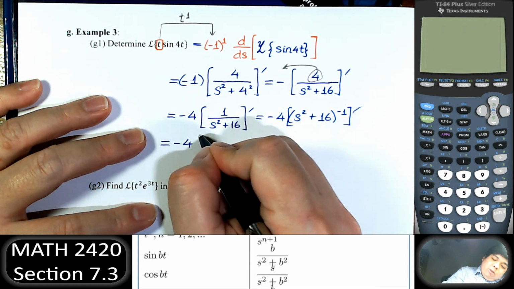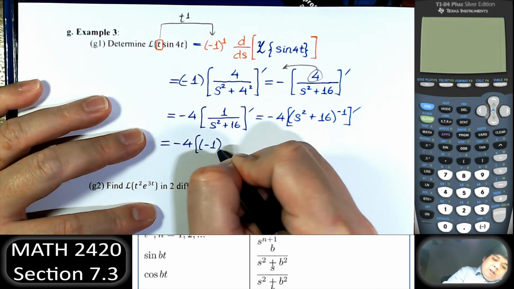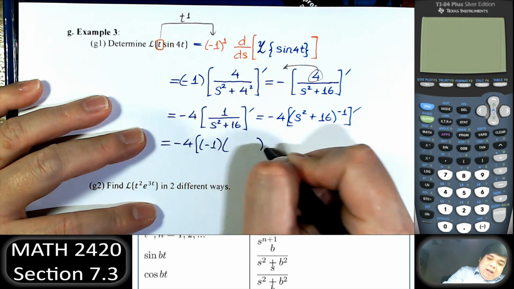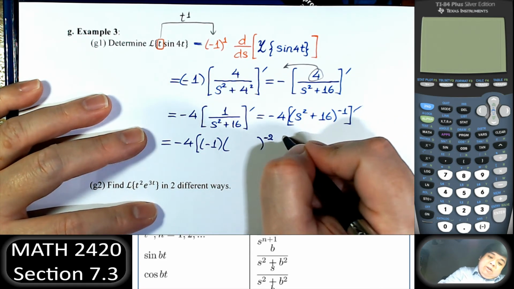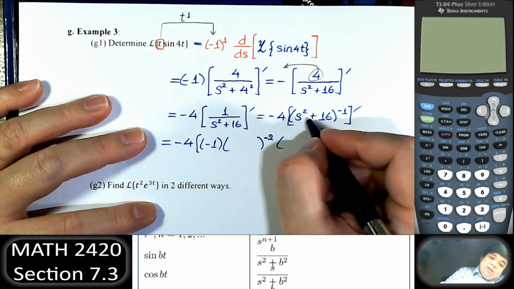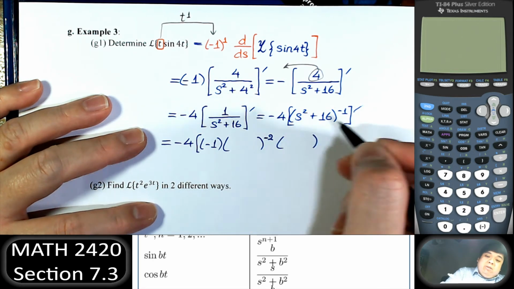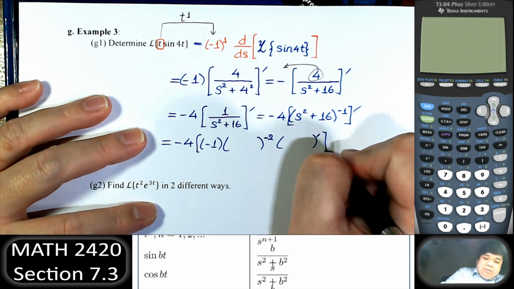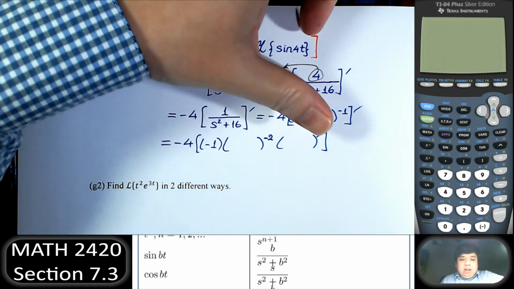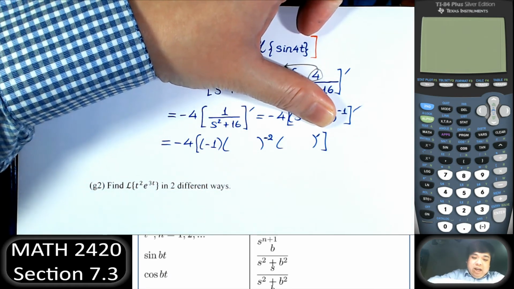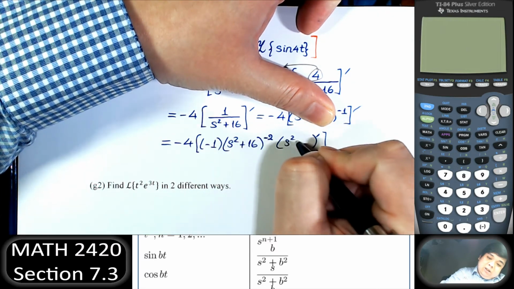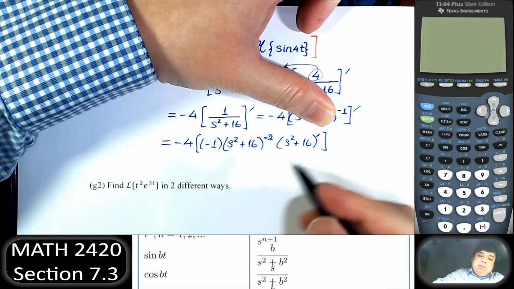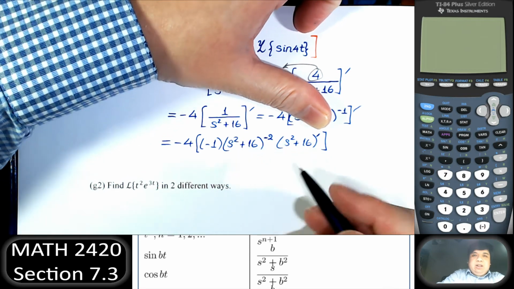Take down the negative 1, and then that to the negative 2, and then we have the derivative of what's left, which is the derivative of what's inside. That happened to be s squared plus 16. So just use the chain rule here.